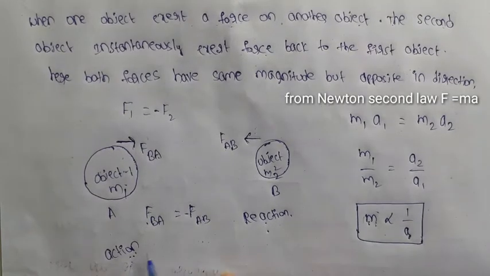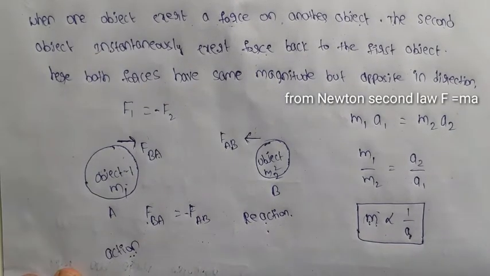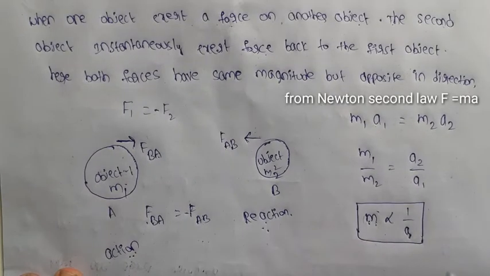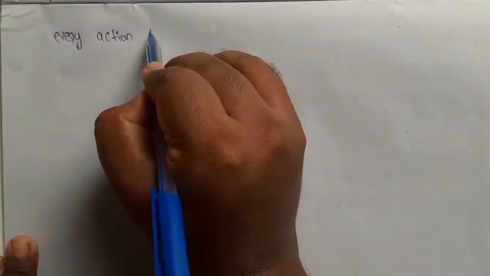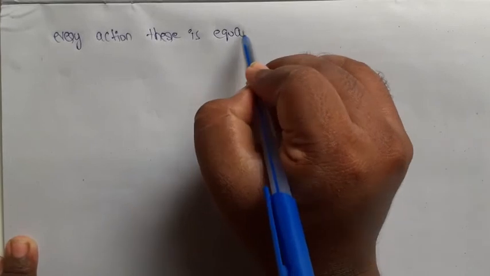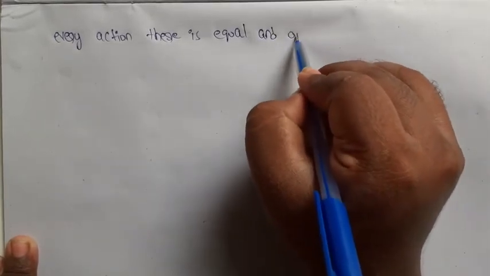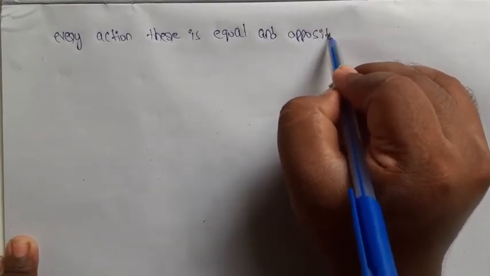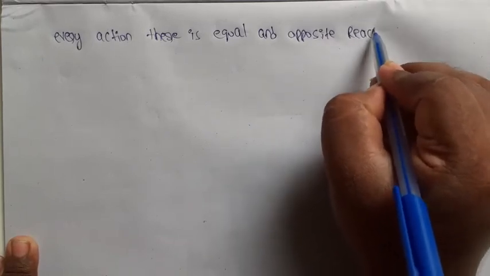So here action and reaction are equal but they act on different bodies. So what we can write as the Newton third law statement: for every action there is an equal and opposite reaction.